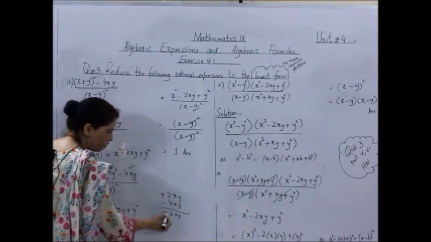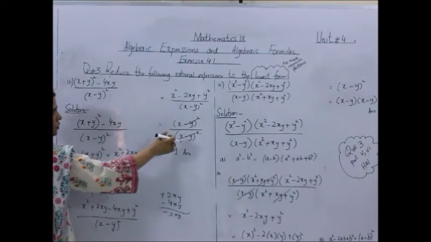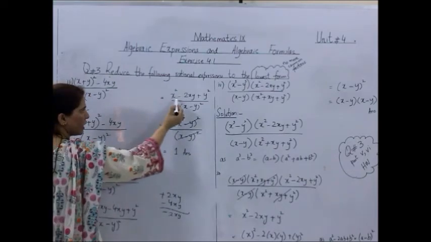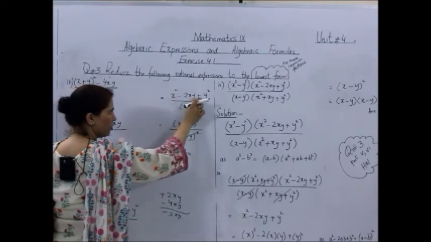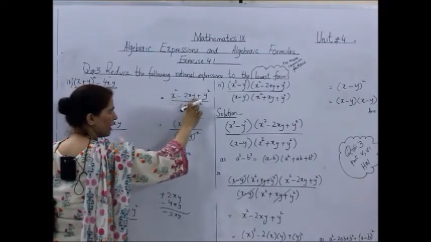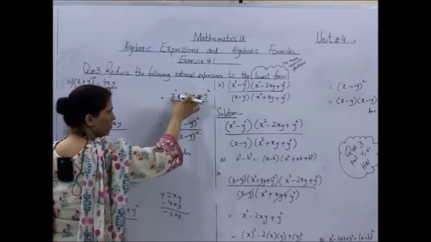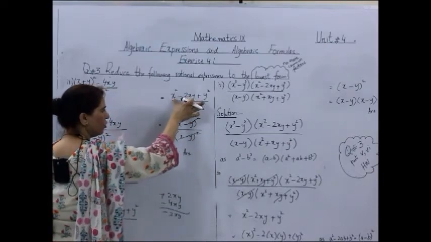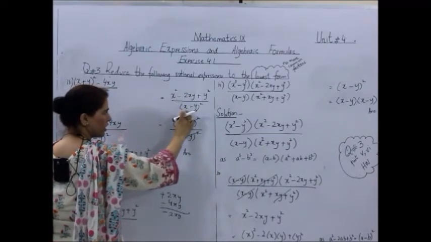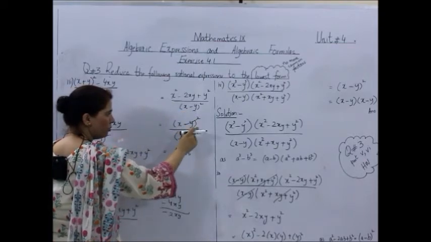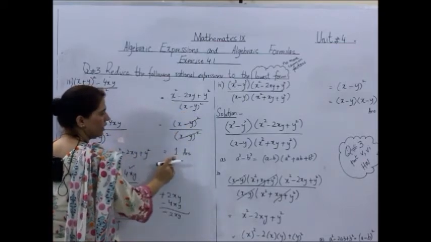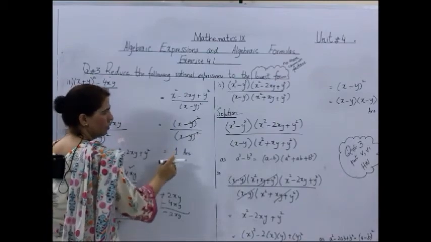The greater number is 4, so it will be −2xy. Again, see, x² − 2xy + y². Again, this is the formula of (x−y)². Why? We again transform it into (x−y)², because in the denominator you have (x−y)². Both will be cancelled out, and you will get 1 as your answer.